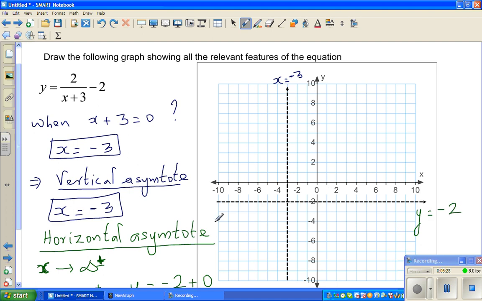We can also find the x-intercept and the y-intercept. The y-intercept is when x is equal to 0. I'll show the working here.